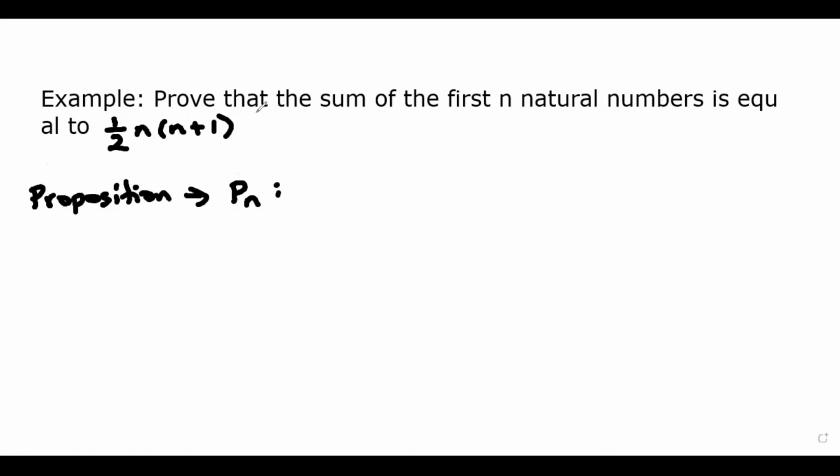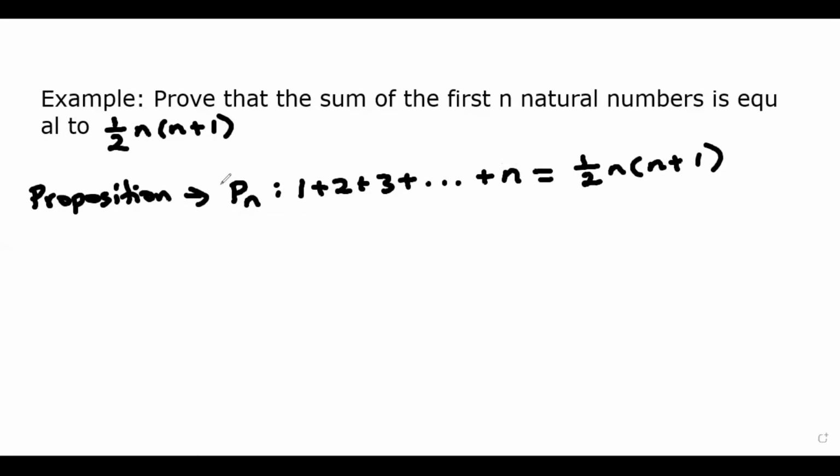And it says the sum of the first n natural numbers. That means you start counting from 1. So natural numbers are counting numbers. So that would be 1 plus 2 plus 3 plus dot dot dot plus n. Because you don't know what n is, so you don't want to keep on going, and you don't know when to stop. And it is equal to half n times n plus 1.